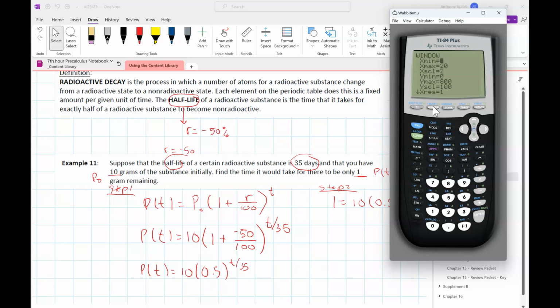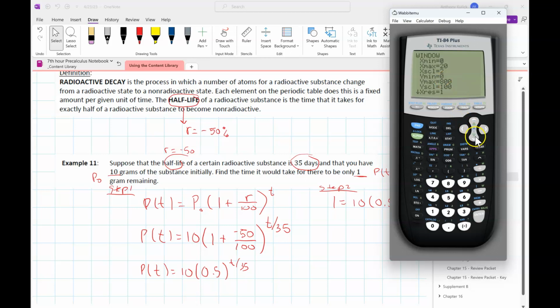If I think about this, after 35 days, I'd have 5 grams remaining. After 70 days, 2.5. After 105, 1.25. And somewhere after 105 and before 140, I'll dip under 1, right?